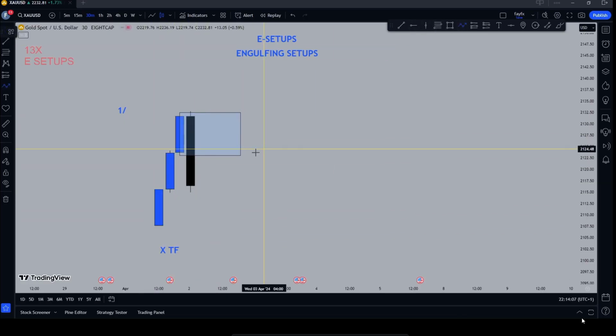And when we go one time frame lower, what are we going to find? We are going to find a QM in this area, the equilibrium of this area.